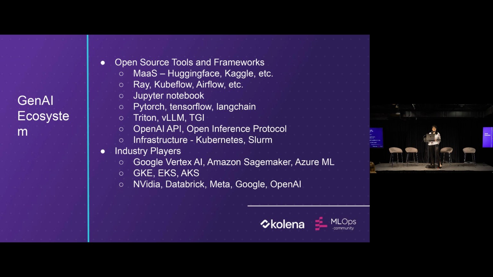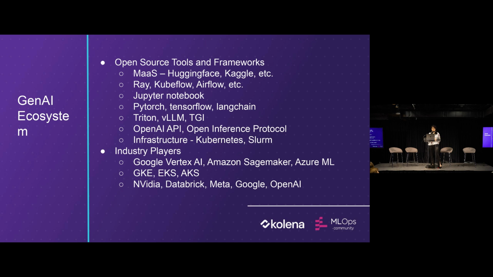For example, the OpenAI API, which is widely adopted. Then there's recently another standard called the Open Inference Protocol. A group of people are trying to build the standard for people to follow.